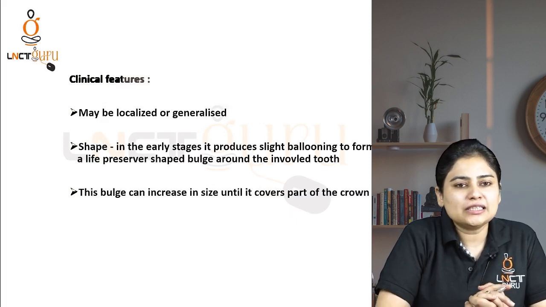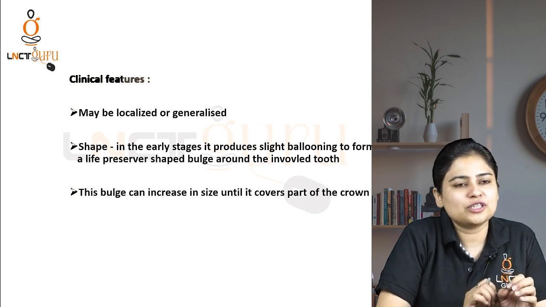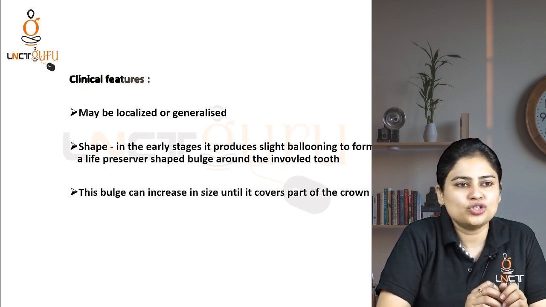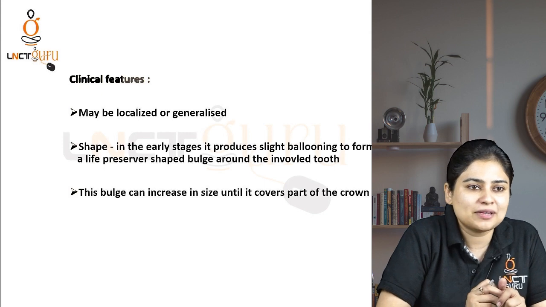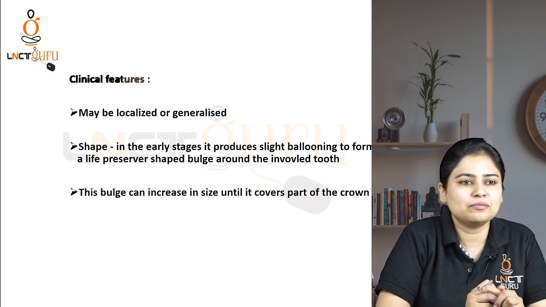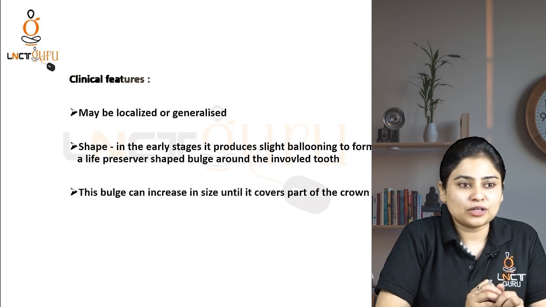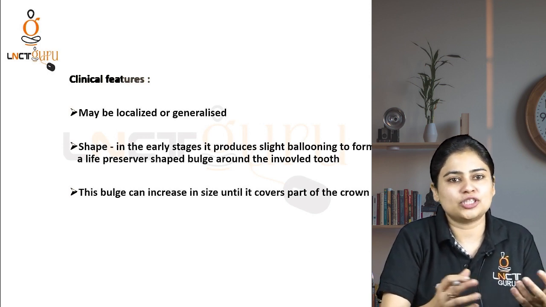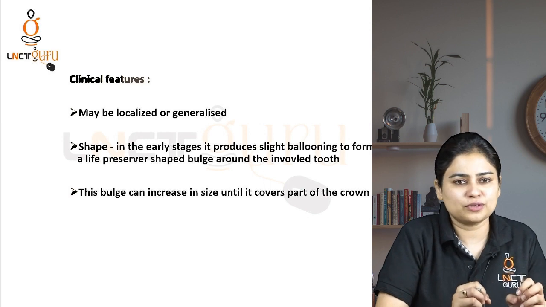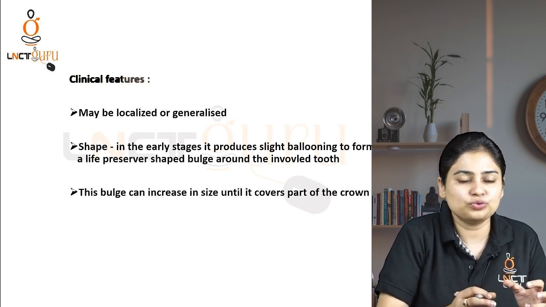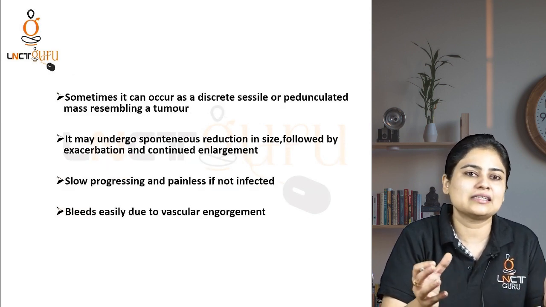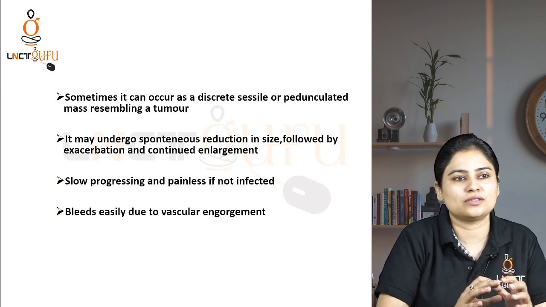The clinical features of inflammatory enlargement: it could be either localized or generalized. In the early stages, it forms a slight ballooning, a life preserver shaped bulge around the involved tooth, and this bulge goes on increasing in size until it completely covers the crown.